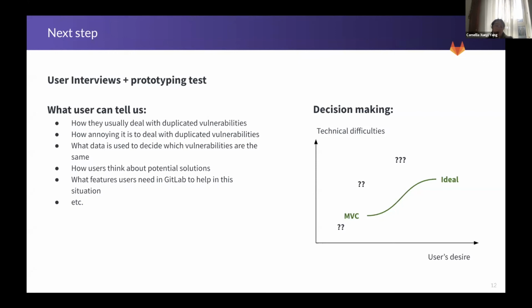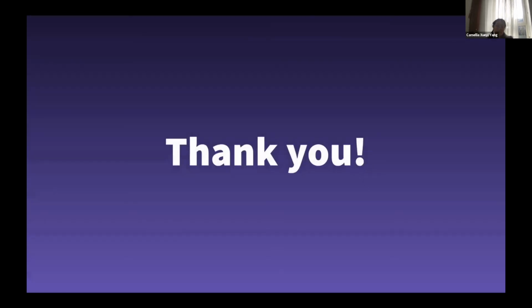I hope the user interview and the prototyping test can help us identify which solution would be best for an MVC and what would be the ideal. So we can make a decision based on the results, depending on the technical difficulties and user desire. I think slowly we can move from the MVC version to the ideal version. I think that's it. Any questions?